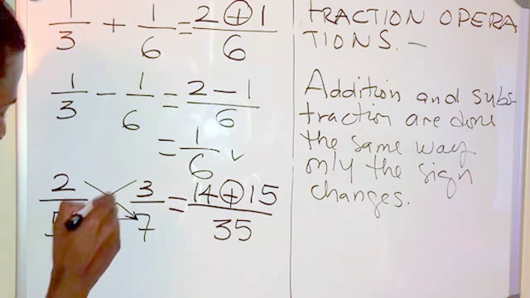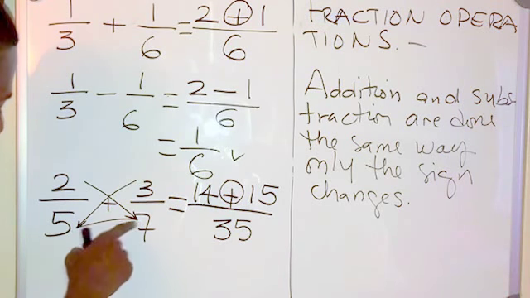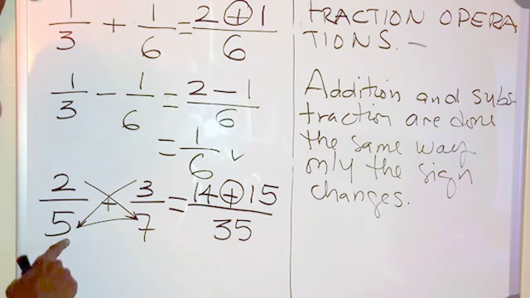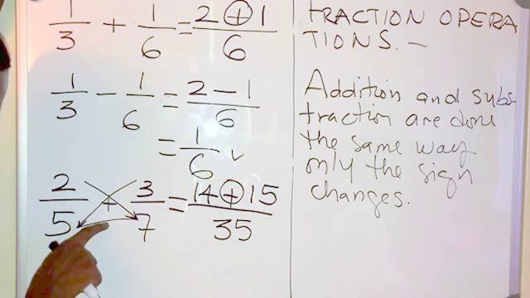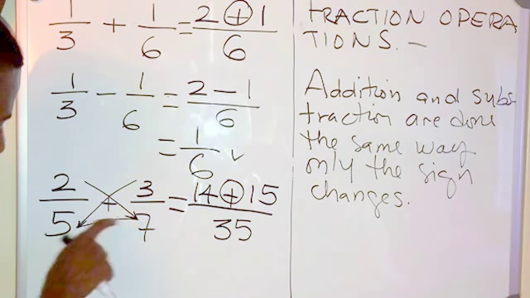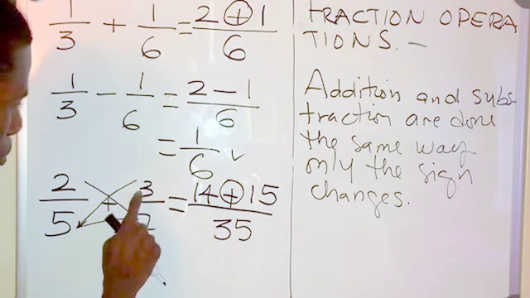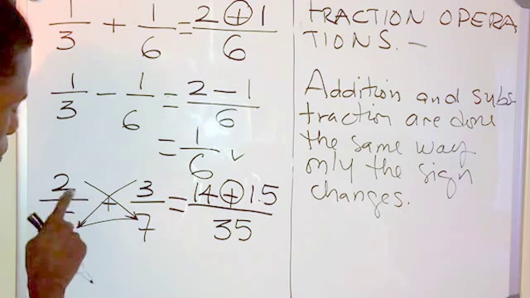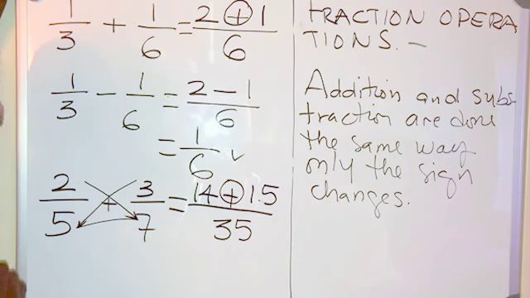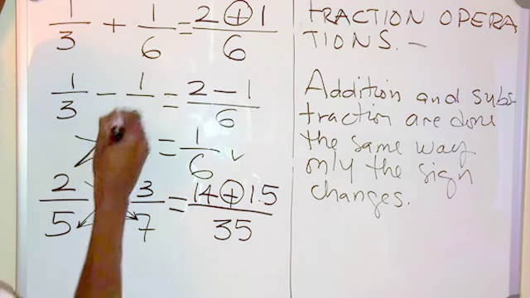And these two connected together, meaning the denominator, you're gonna multiply this number by this. If you follow this line, this goes there. So you multiply this, 35. You multiply this, 15. You multiply this, 14. Easy. You just do that.